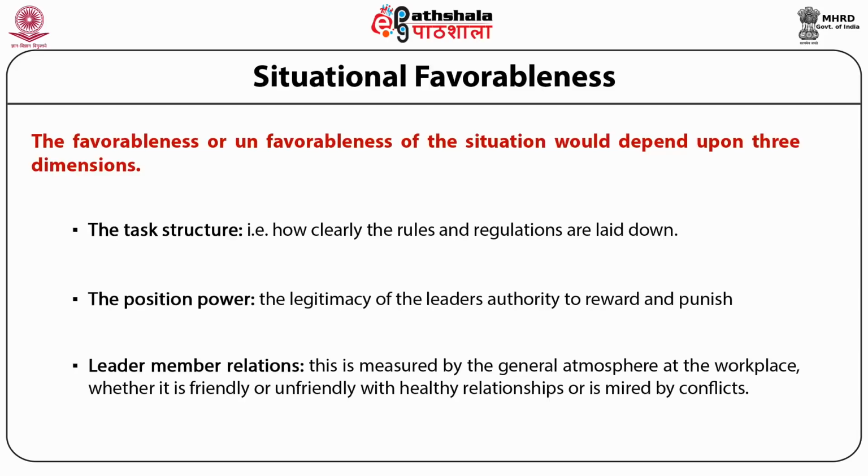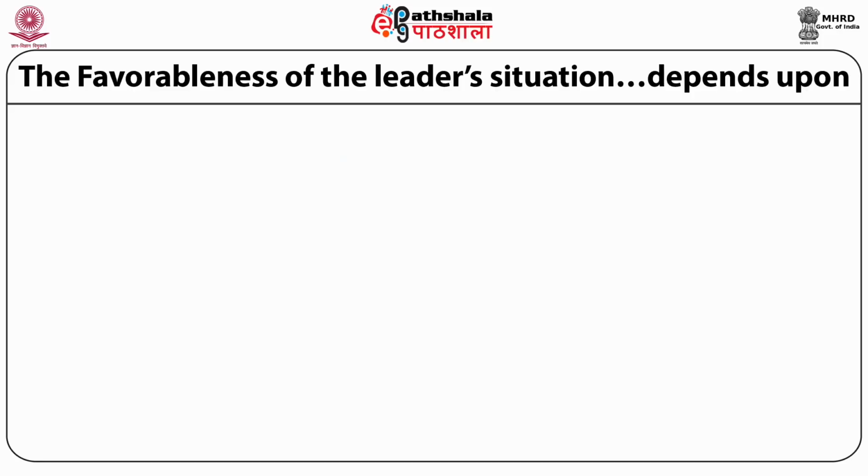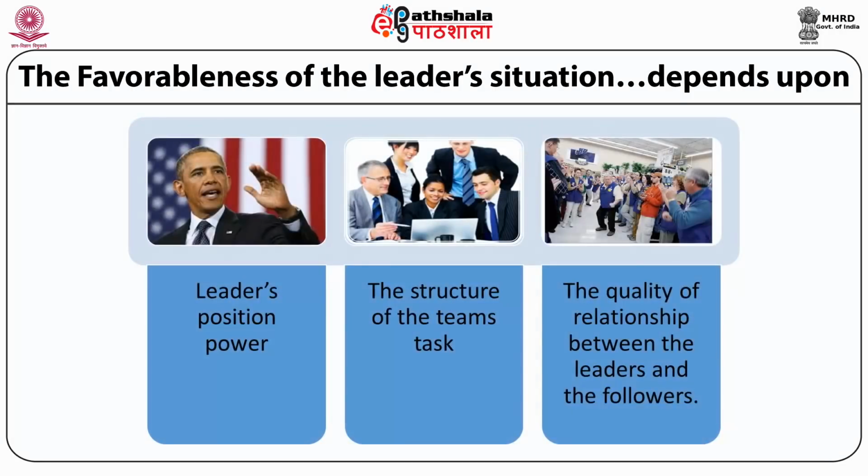This is measured by the general atmosphere at the workplace, whether it is friendly or unfriendly, with healthy relationships or mired by conflicts. Now, the favorableness of the leader's situation depends upon the leader's position power, the structure of the teams and the task, and finally, the quality of relationship between the leaders and the followers.